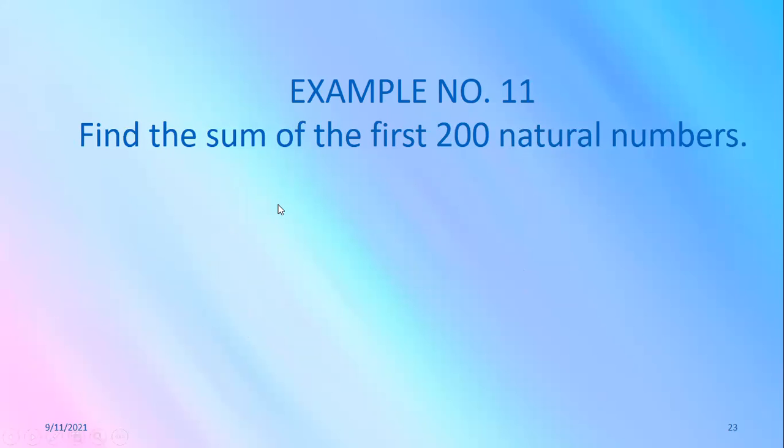Sum daw ng first 200 natural numbers, same procedure, nagkaiba lang ng given. Okay, ang a sub 1 natin, alam na, so pag hindi binigay, 1 yun. Nth term natin, 200. Number of terms, alam nyo, 200 din yon.